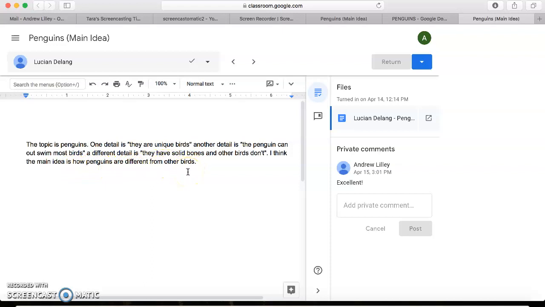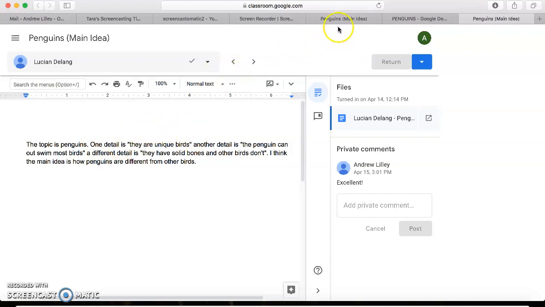And listen, if you didn't put that exact sentence, but you put down something that is similar or a different variation, or even if it's different, but you back it up and support it using details, I would still accept your answer as well. So his details that support that the main idea is how penguins are different from other birds: one detail is "they are unique birds."